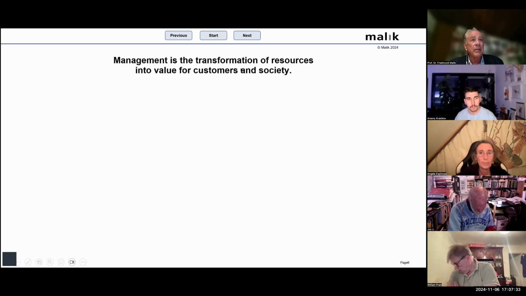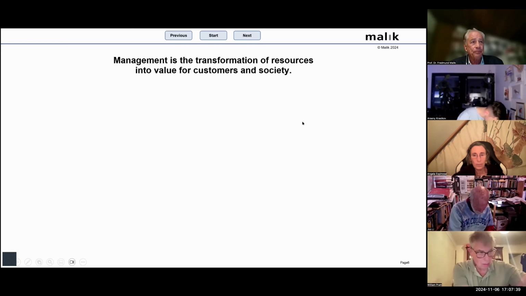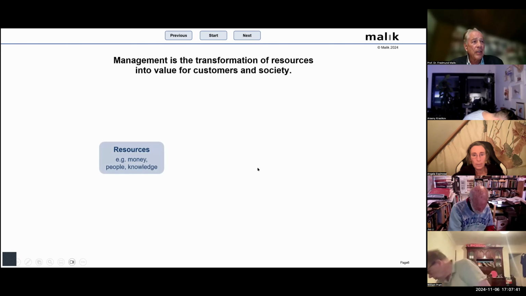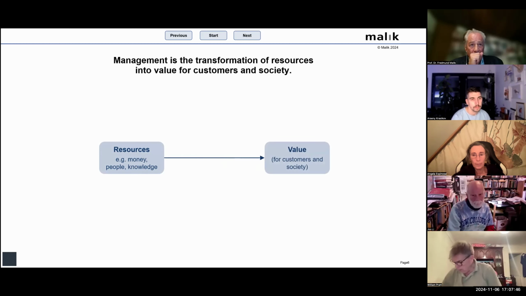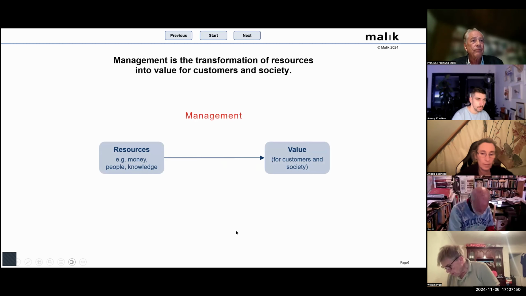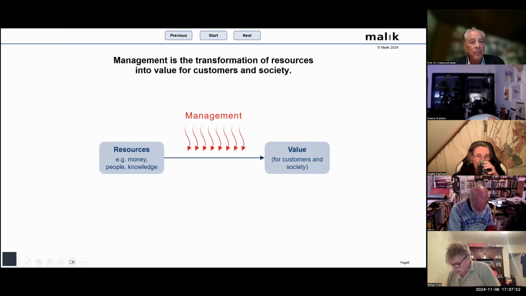Management is the transformation of resources into values for customers and society. Resources like money, people, knowledge, and then here, value for customers and society. Yes, and management influences this picture. We need management to come from resources to value.